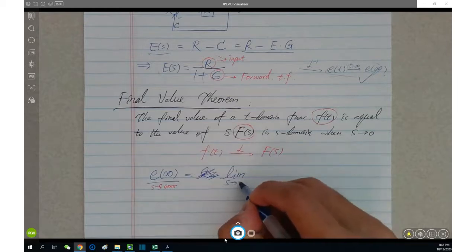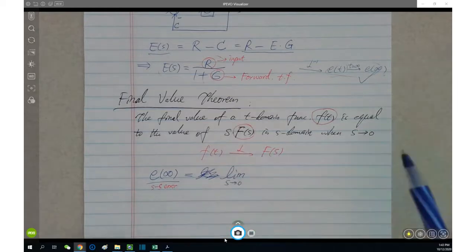We are looking for this, right? As s approaches 0, you need a limit. You're looking for a limitation. But Kevin is basically right too. However, you don't want to write it in that way.